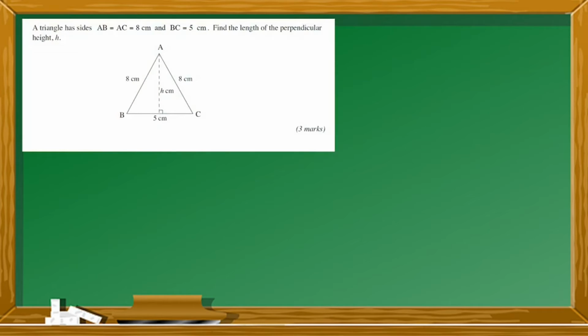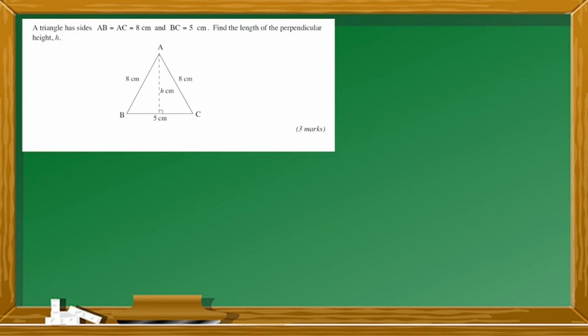Our third example is an exam type question. Looking at this question, the first thing that might come to your mind is, how do I solve this? This cannot be solved, I cannot find what H is. But you just need to look a little deeper. We know that the perpendicular height will form 90-degree angles.